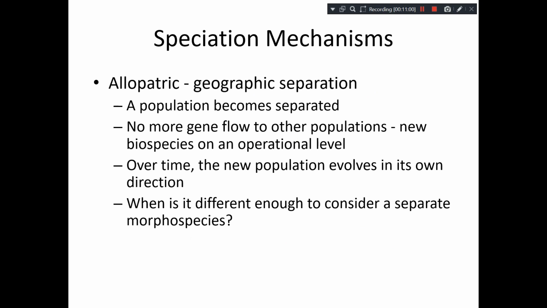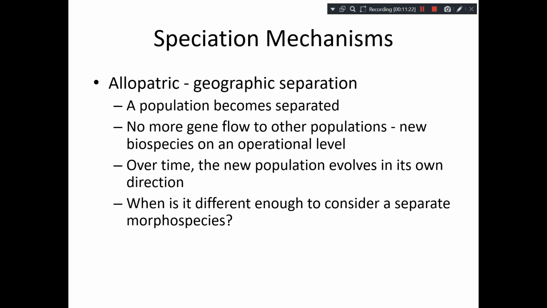Now we will try to understand speciation mechanics. In speciation, basically there are three types. One is allopatric speciation, the second is sympatric speciation, and the third is peripatric speciation.